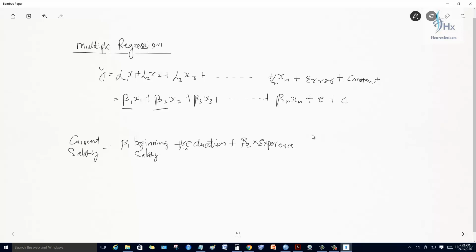If you want to take more variables into account, you can, and you can make a lengthy or complex regression model, and then you are going to add your error term and then the constant. So that makes our regression model clear.